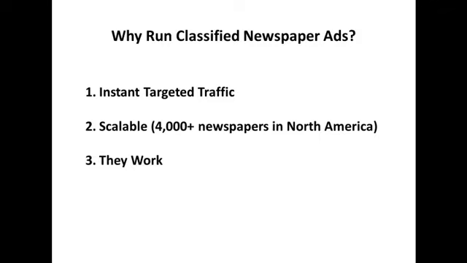Those three compelling reasons are why you should pay attention for the rest of this video. By using this marketing method alone, you could absolutely make a six-figure monthly income with newspaper classified ads and your work from home affiliate link that converts tremendously well in this vertical.